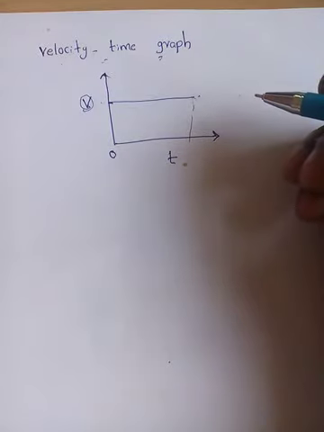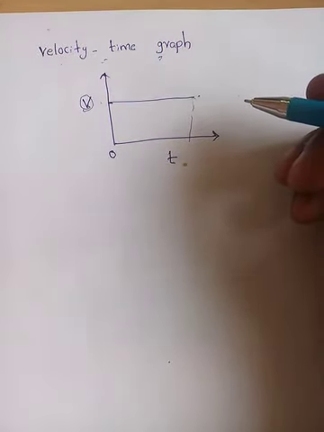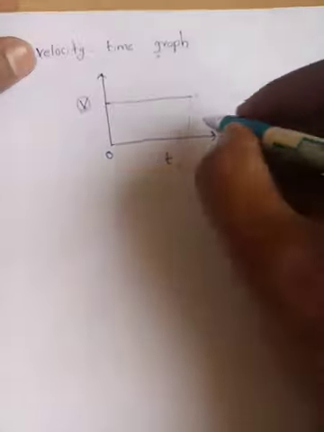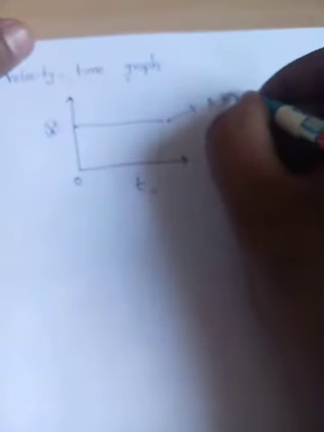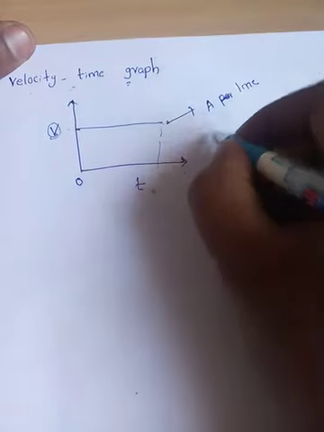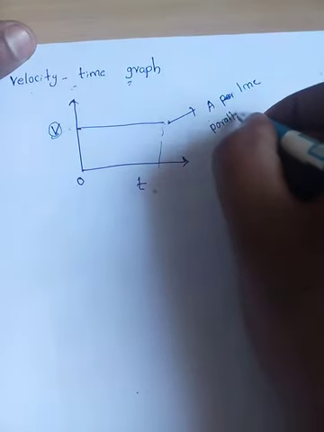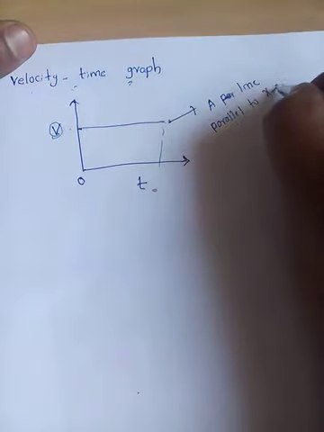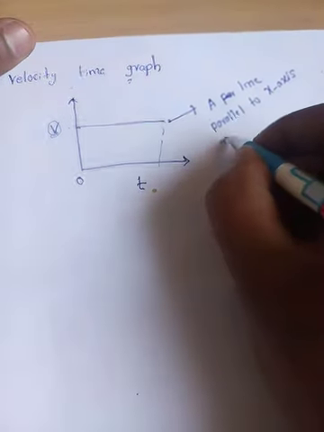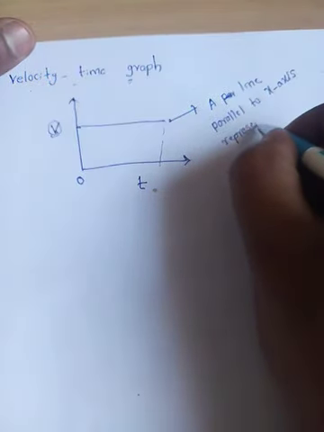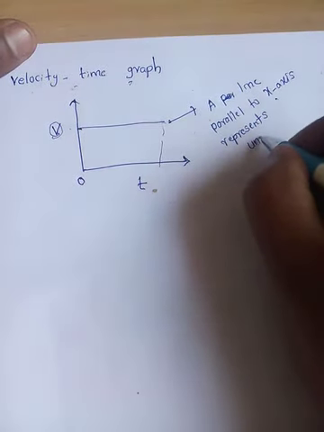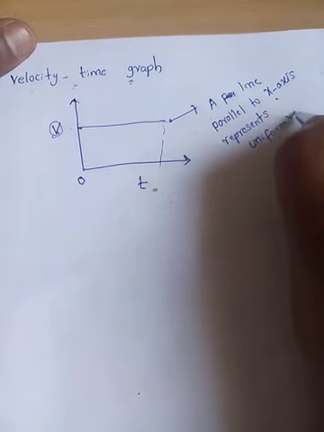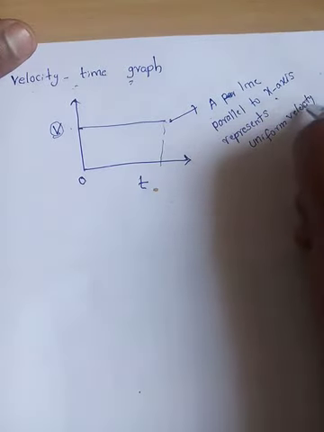So the velocity remains constant at all times. This graph, a line parallel to the x axis, represents a body moving with uniform velocity.